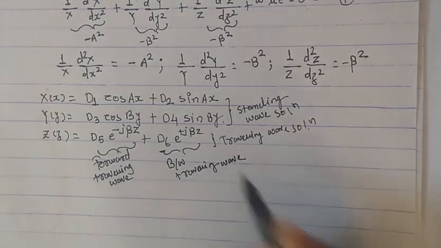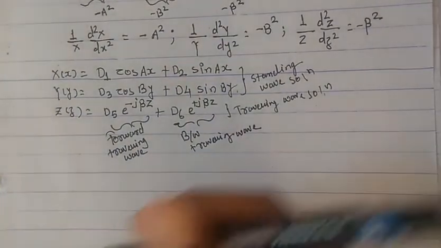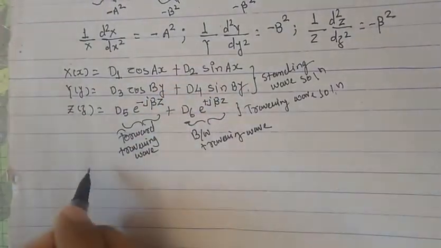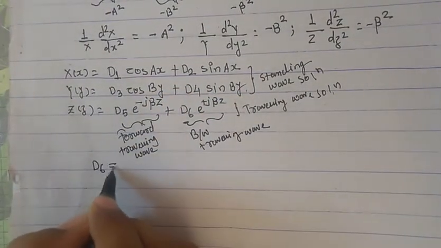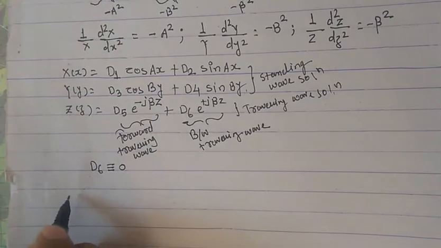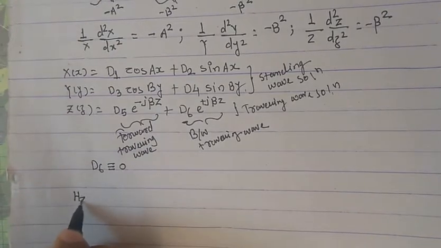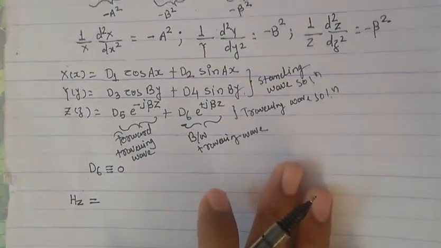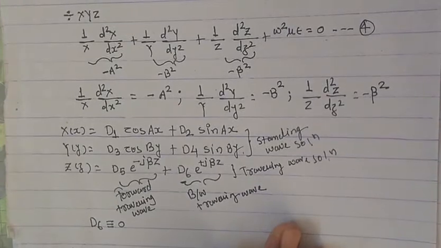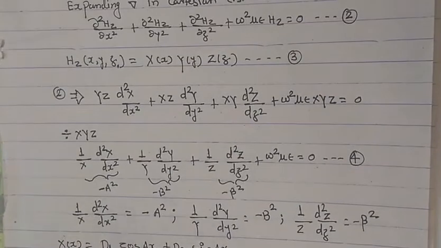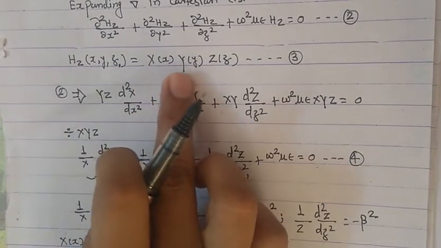Okay, so the wave is propagating in the negative z direction, so d6 must be 0. And if you write for Hz, it is actually X of x into Y of y into Z of z.